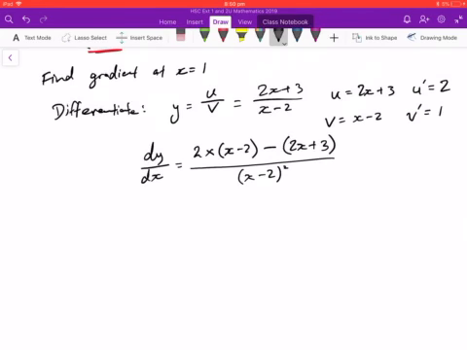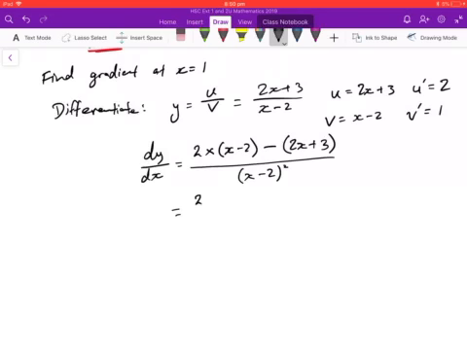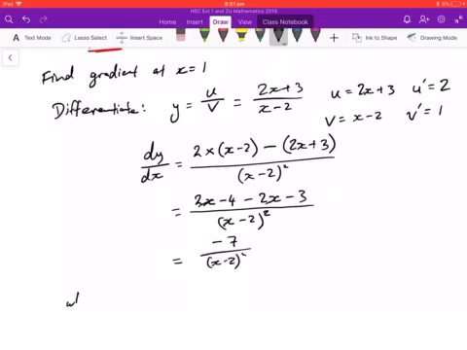I'm just going to simplify this, but because I'm finding the gradient as a number, rather than an expression for the gradient, I don't need to spend a huge amount of time making it a really nice looking expression, but it's easier to sub in if I have fewer things to work with. So that's going to go away, that's going to go away. Minus 7 over x minus 2 all squared.